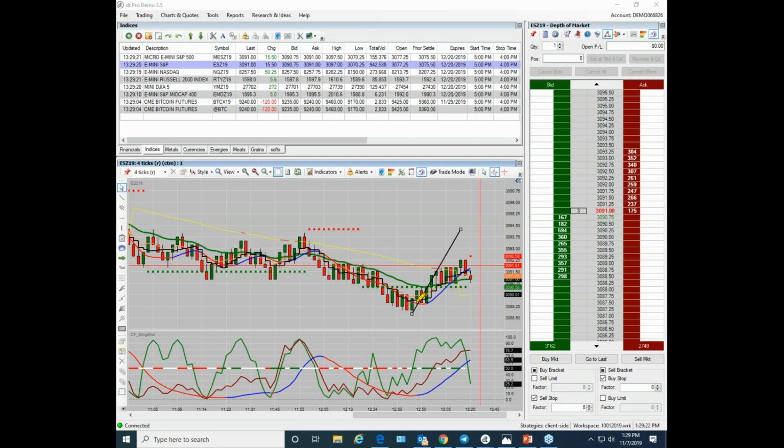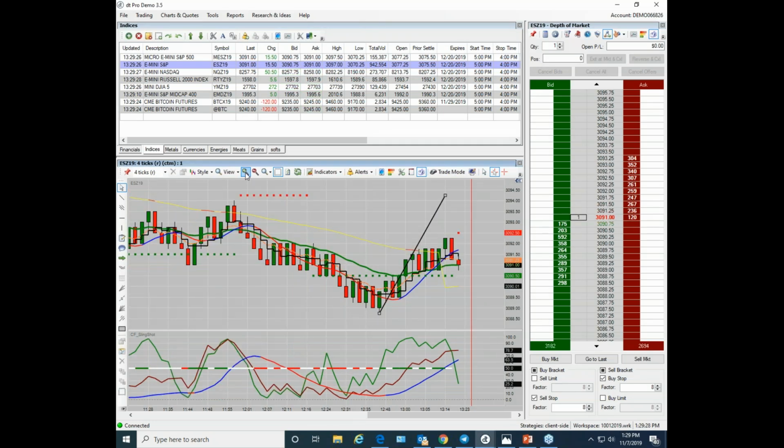If we get in the habit of drawing a trend line in advance, then when it does happen, you're not fumbling around trying to draw a trend line after the fact. If something does fire, you're in the DOM ready to take action.